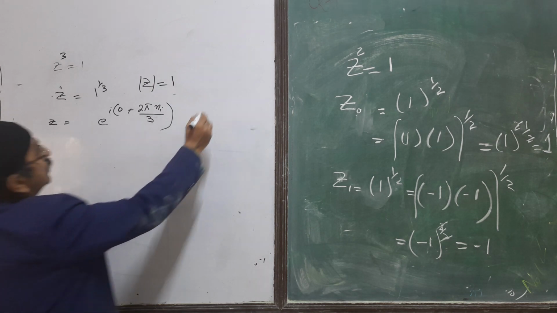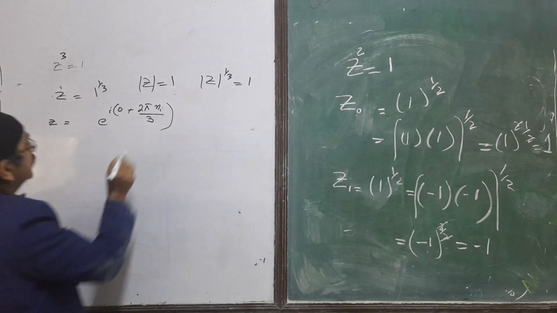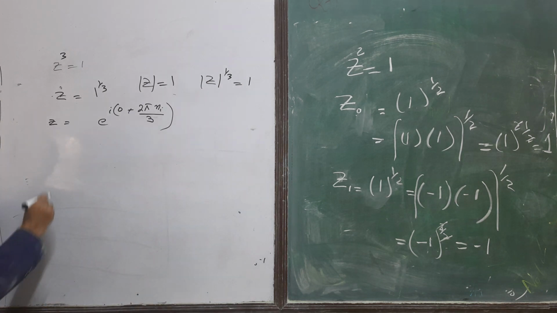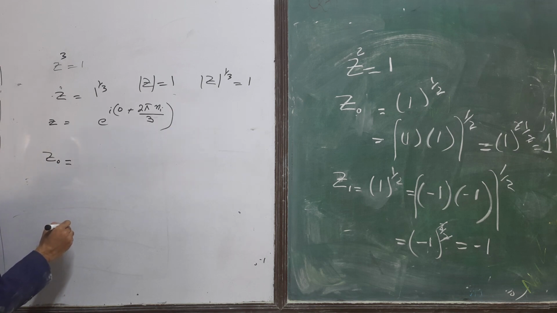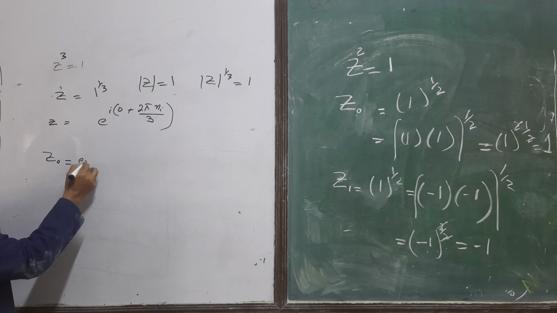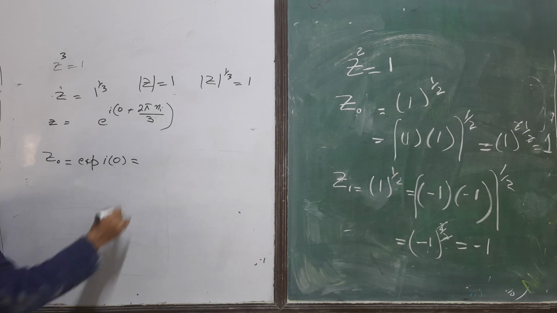Okay, z की power 1/3 is also 1. Okay, so that will be equal to this. Z0 will be exponential of iota 0. That will be 1.